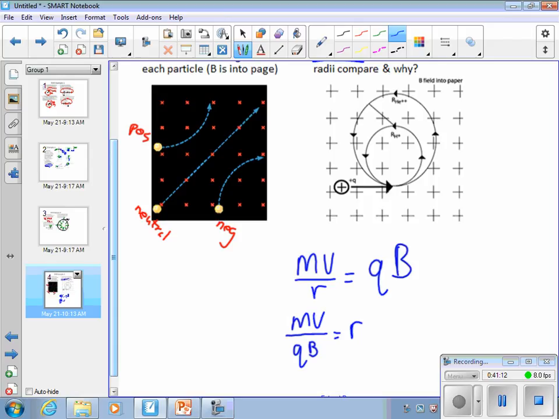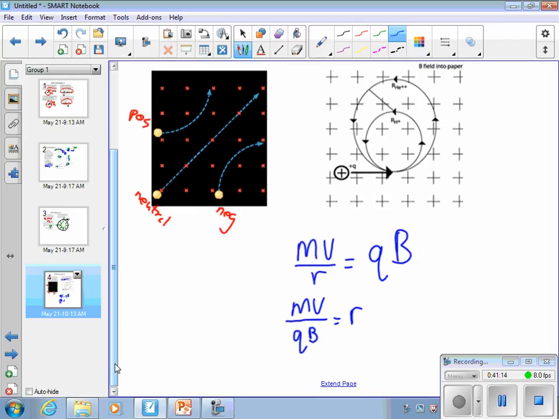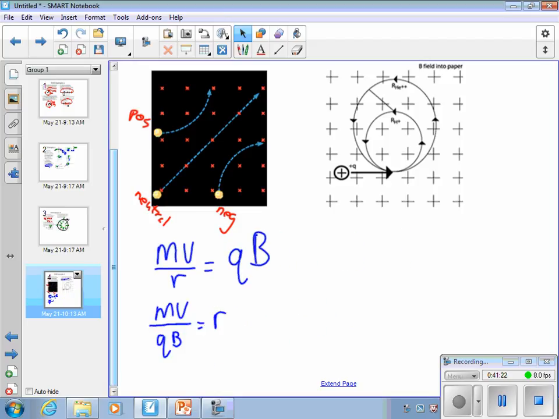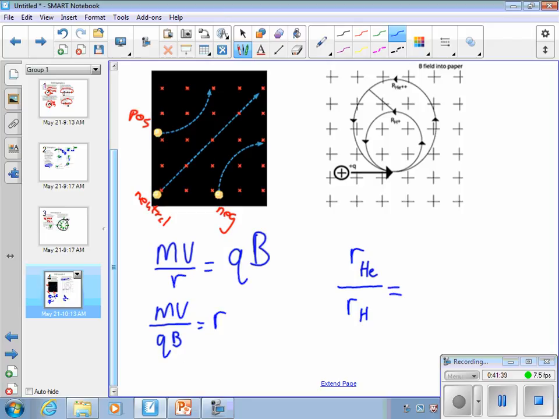I'm going to do a ratio of R for helium divided by R for hydrogen. Okay. So I'm going to just rewrite all these.